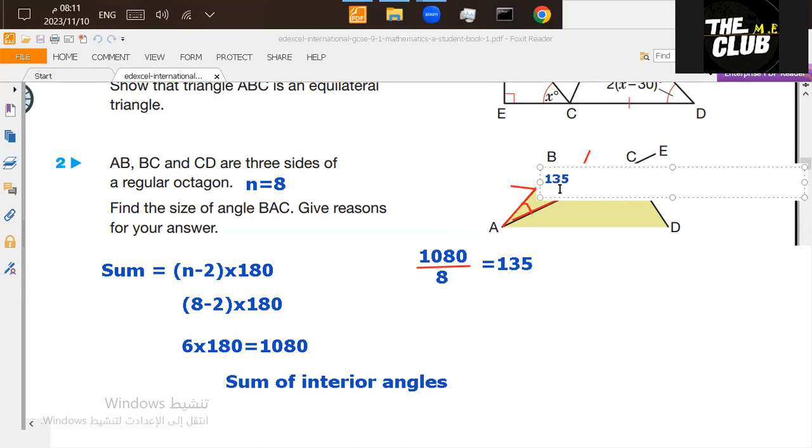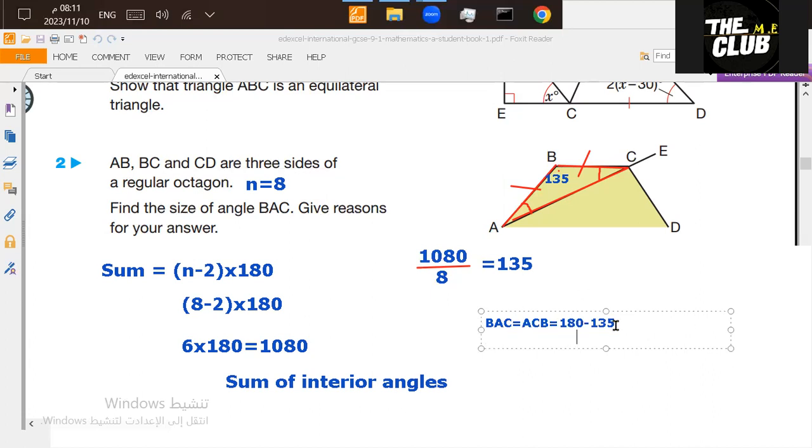Now, after finding B, I can find A and C by doing what? By subtracting from 180 and then dividing by 2 because this is an isosceles triangle. So I'm going to subtract from 180. I'll say BAC equals ACB equals 180 minus 135 and then divided by 2. Let me minus first.